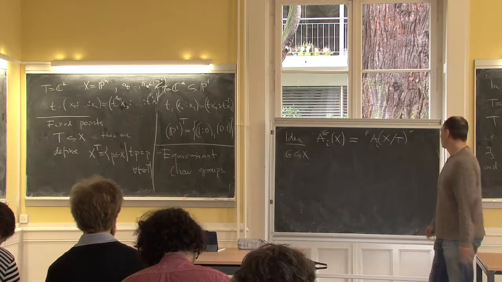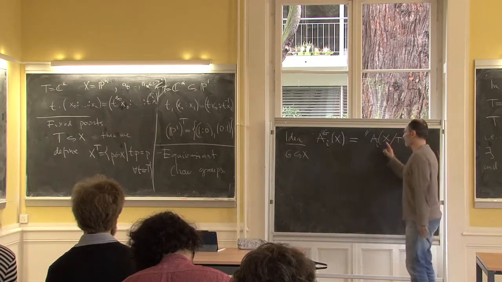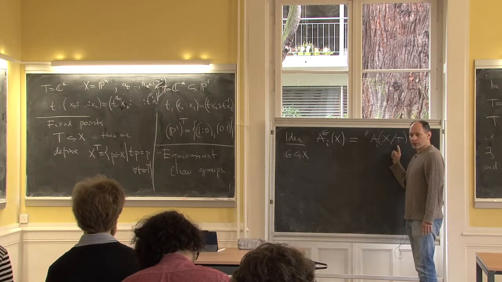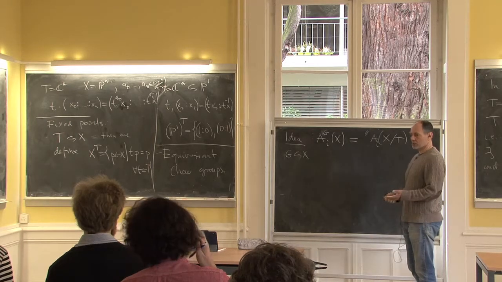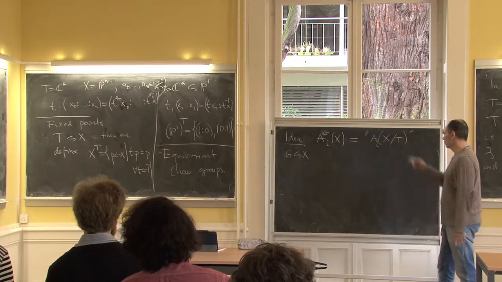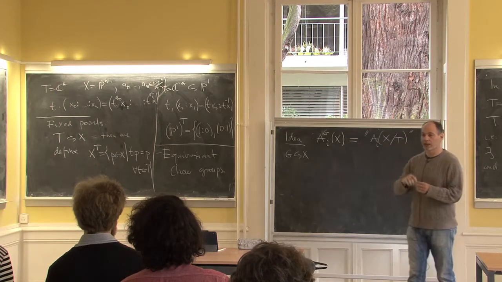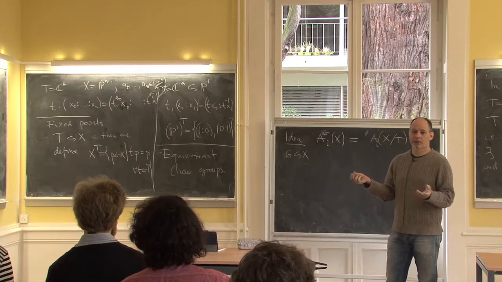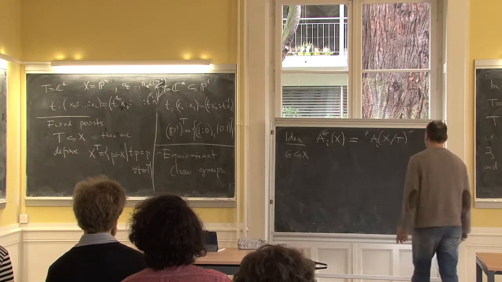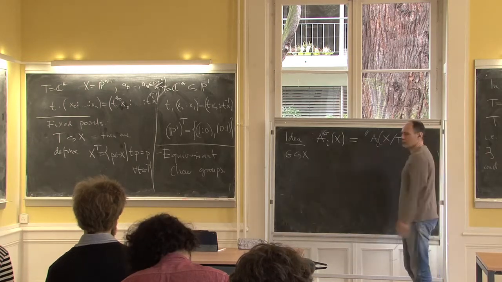In principle, we know what X mod T is. You understand this? These are orbit spaces: you take an equivalence relation on X, and two points are equivalent if they're related by an action of a group element. The problem is that this object is just very bad.